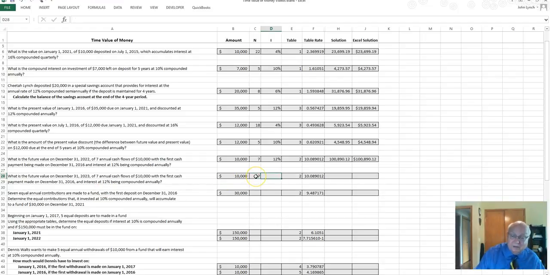Still 7, 12%, table 2. Okay, so this is going to be equal to the 10,000 times this cell times 1.12.